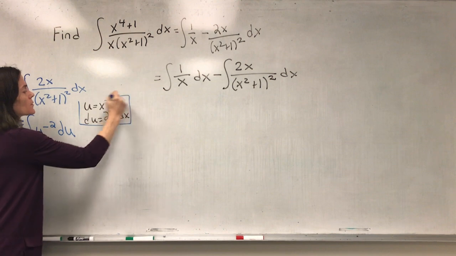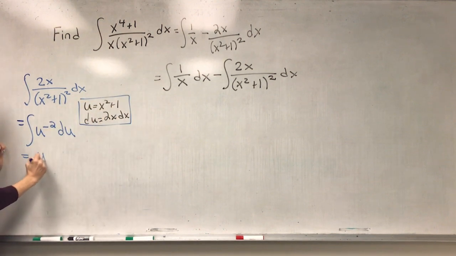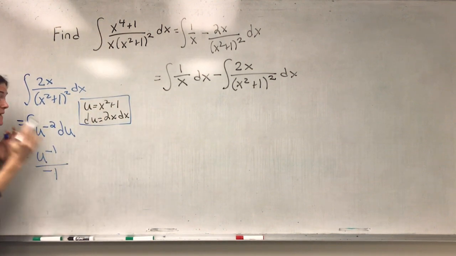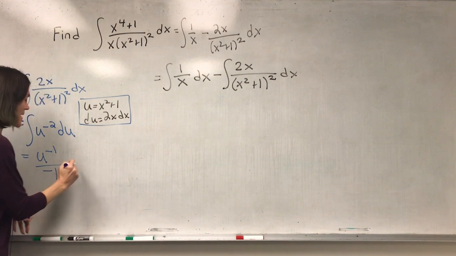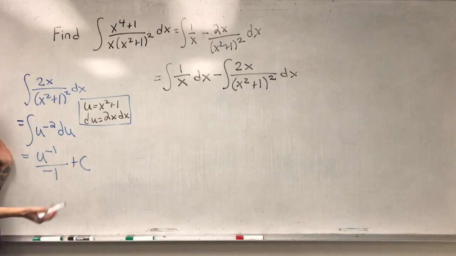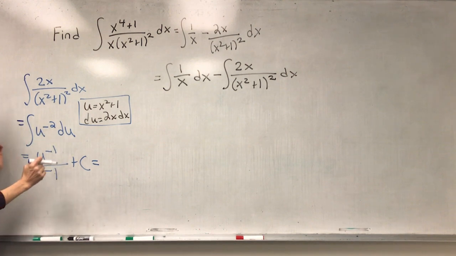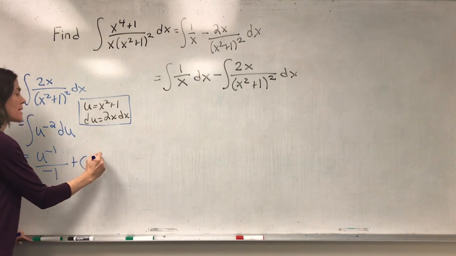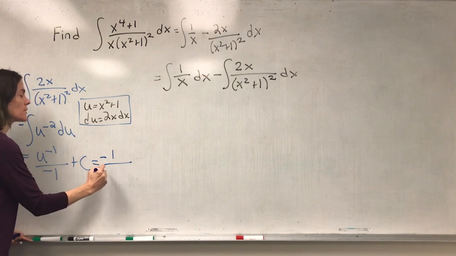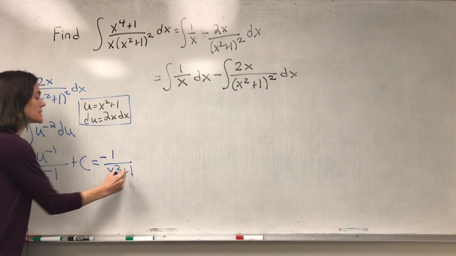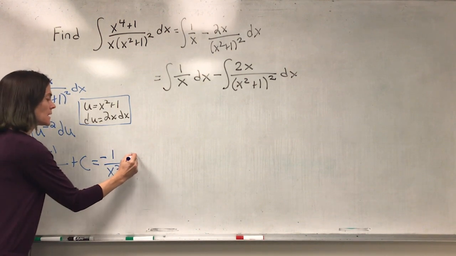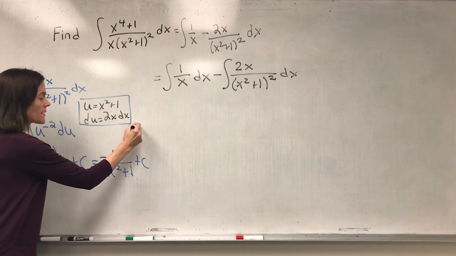And this I'll put in a little box. When we integrate, we add a power, divide by the higher power, plus c. Or this is a negative 1 over u. Maybe I will write it that way as I go back to x. Negative 1 over, and then the last step is composition, plus c. Okay.